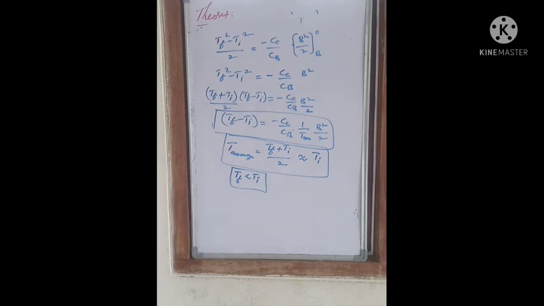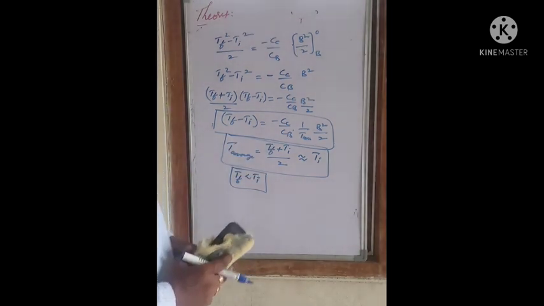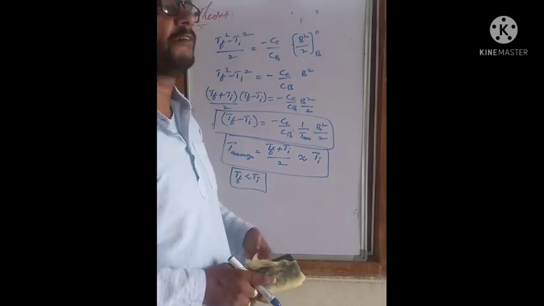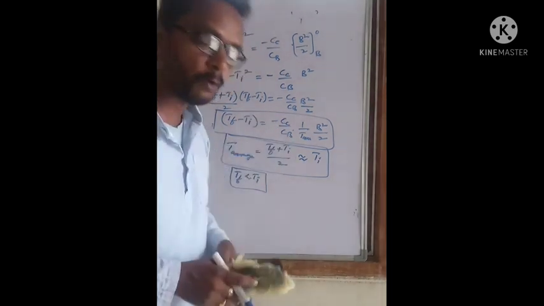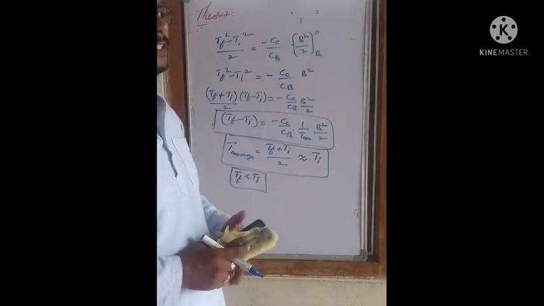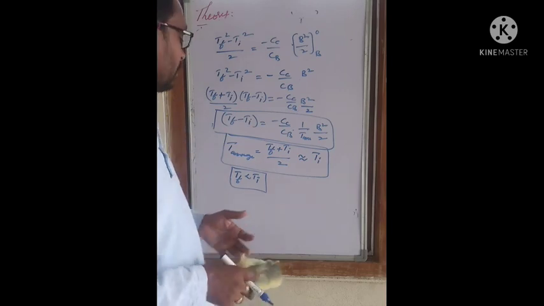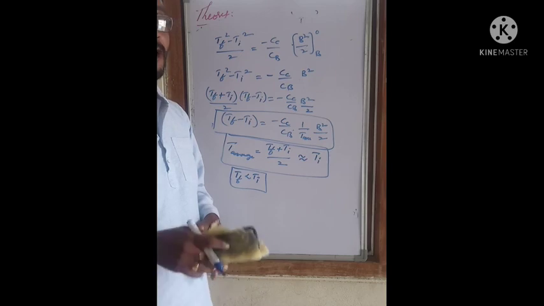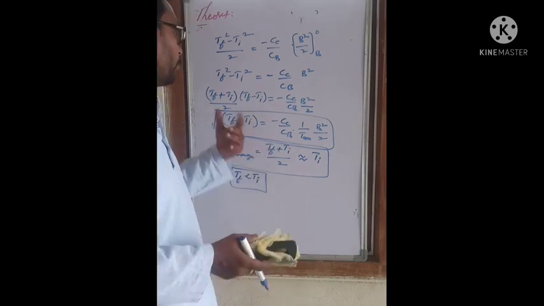Also, the higher the Curie constant and the lower the specific heat constant, at that time we also get more cooling effect. And also when the initial temperature is very low, in that case also we get more cooling effect. That means before demagnetization, the initial temperature of the substance is very low, so after the demagnetization we get more cooling effect.